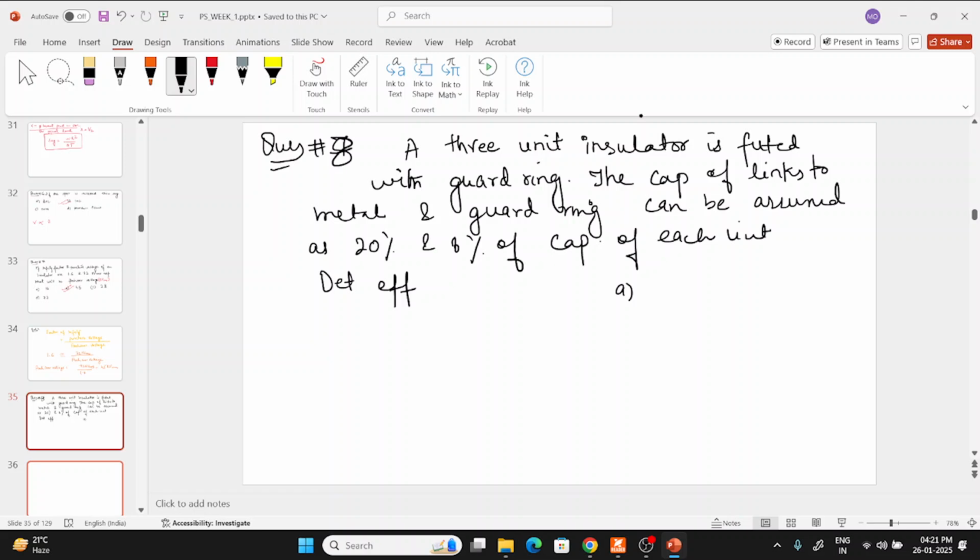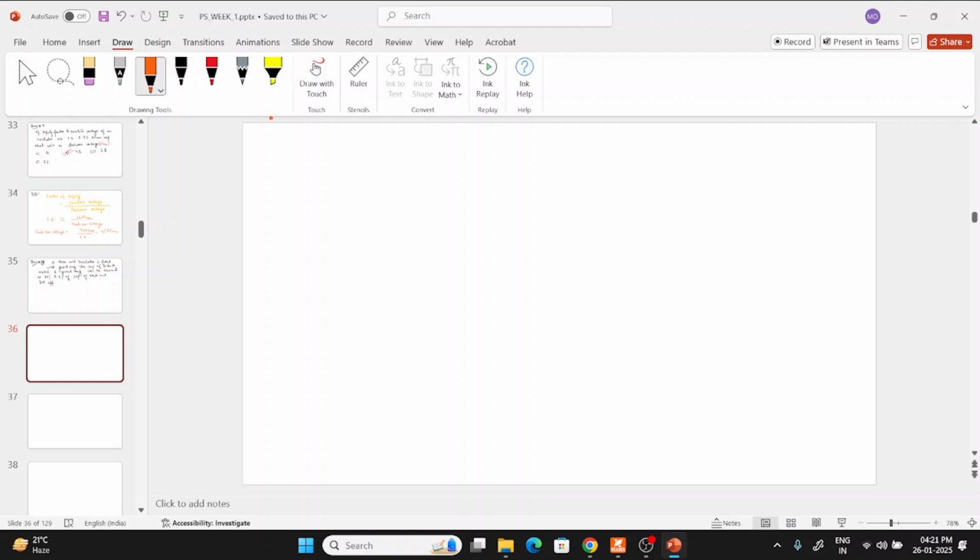So what will I do here? I will solve it here instead of letting you all solve it. Now what is given is that it is a 3 unit insulator fitted with a guard ring.